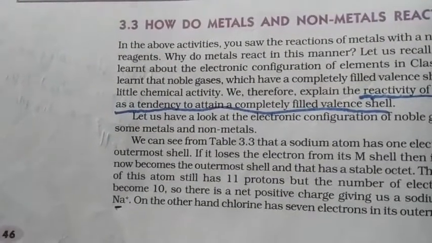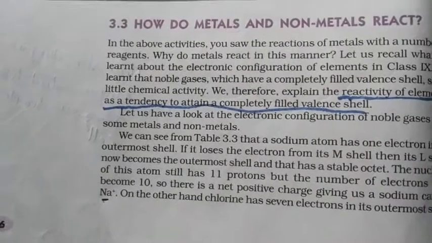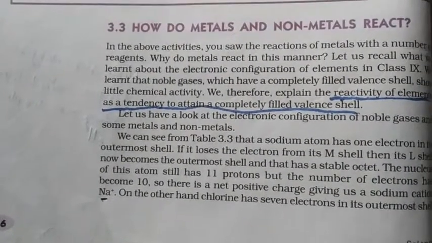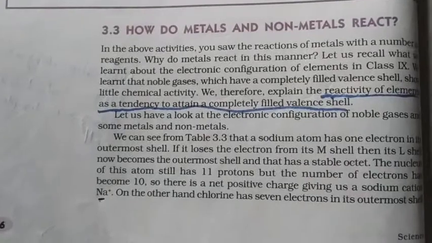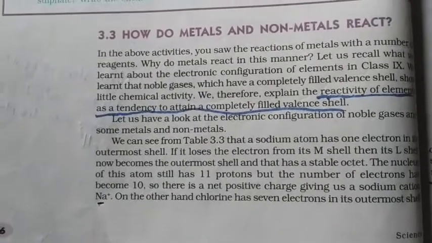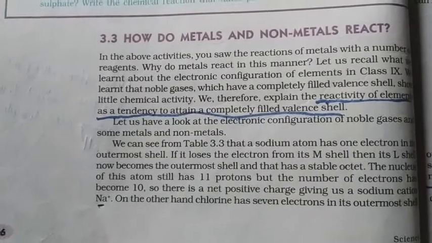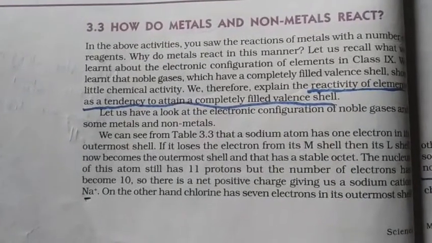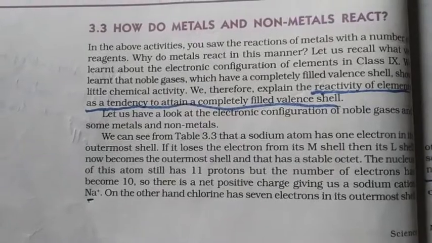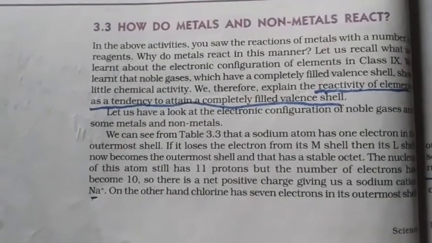So this plus charge in an atom indicates that an electron is released by that particular atom. If an electron is released, then it acquires a positive charge. And if an electron is accepted, then it will acquire a negative charge.